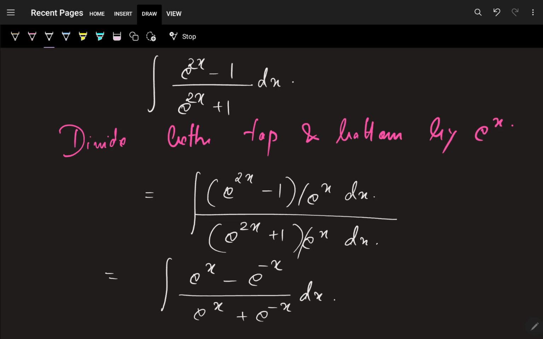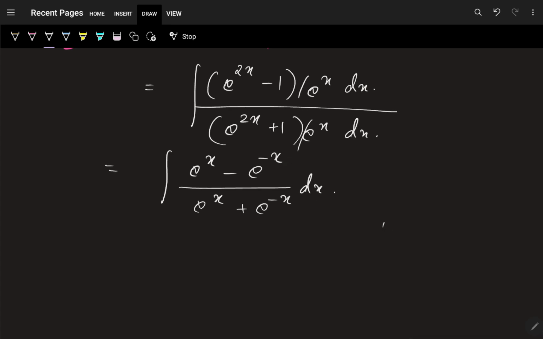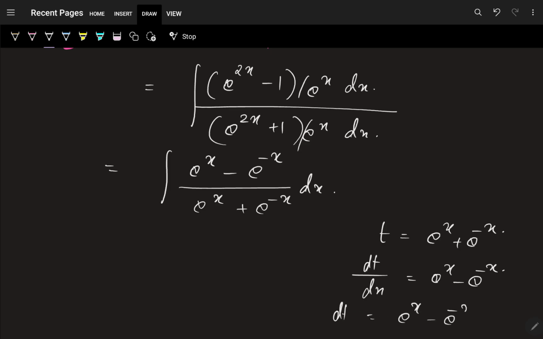Now you can spot the derivative. If you take t as e to the power x plus e to the power minus x, then dt upon dx is going to be e to the power x minus e to the power minus x. So dt becomes e to the power x minus e to the power minus x dx. We can just put that back in.